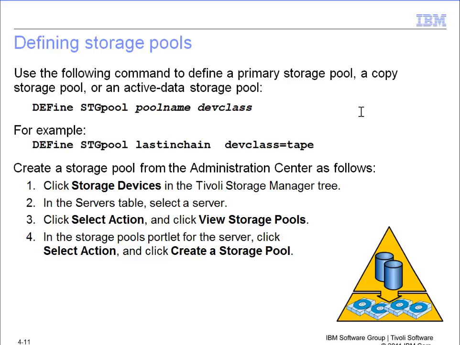You'll be doing this in the lab, but you could also go to your administrative command line and type help define storage pool and see all the different options you can use. Another way of doing this is with the Administration Center, using the Storage Devices tab and then selecting View Storage Pools. From there, select Create a Storage Pool.